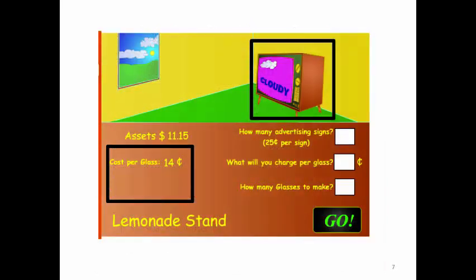In this example, you can see the number $11.15 as the assets at the start of day 2. Note that the cost per glass has changed now. It is 14 cents per glass due to higher costs of lemons. The weather forecast also has changed to cloudy conditions.